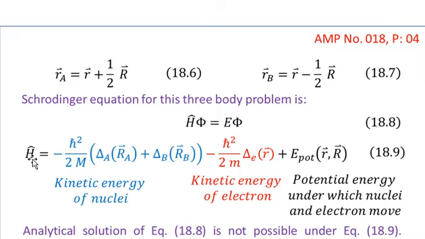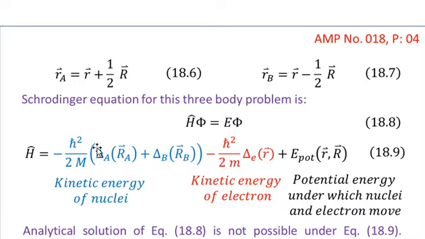So H is an operator, which is equal to minus h bar squared over 2 capital M, where capital M is the mass of the protons. And then within the parentheses we have the Laplacian of A, which is a function of Ra, plus the Laplacian of B, which is a function of Rb.